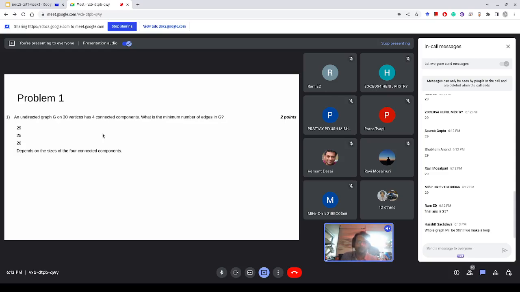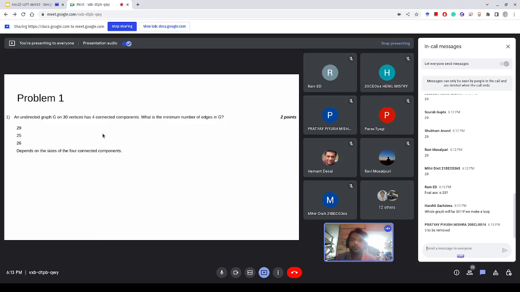So if you have 29 edges and you remove one edge, then what will happen? You will have 2 connected components. You remove one more edge, from 28 to 27, you have 3 connected components. Now from 27 to 26, you will basically get 4 connected components.